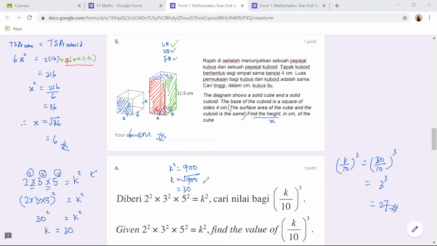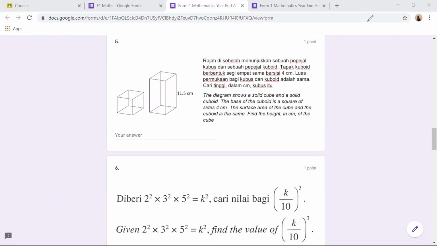You get 30. Then from here, you continue to this step. You get the same answer. Okay, so either you use this one, which is actually the form 3 method. You're going to learn this in form 3 anyway. If not this, then you use the calculator to calculate the value of k. Okay, clear?